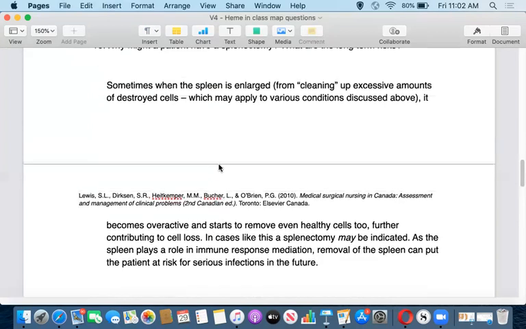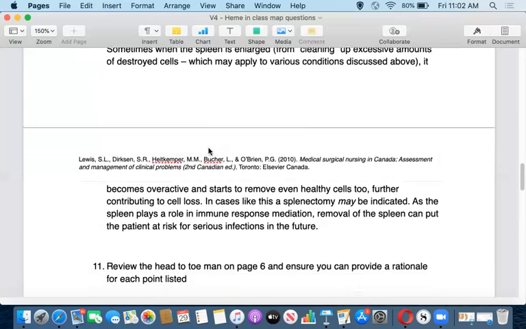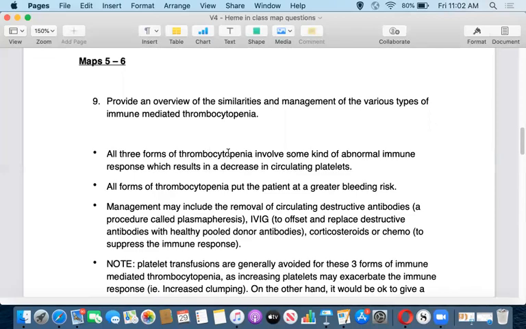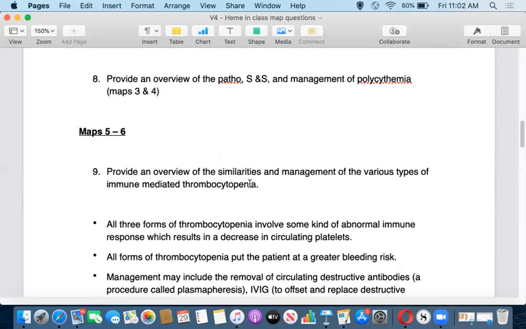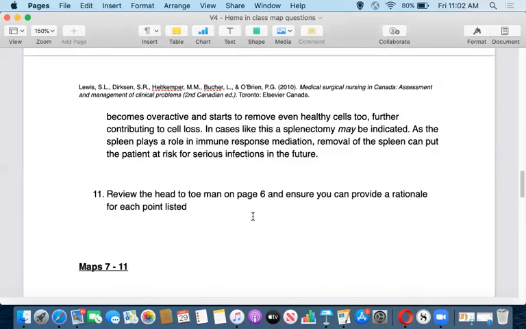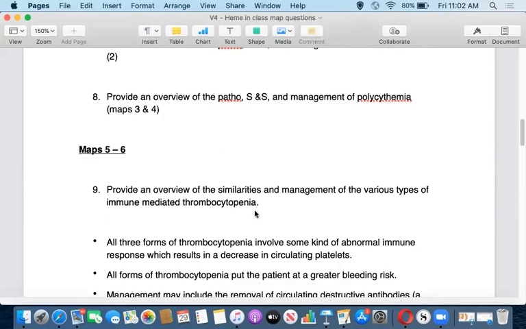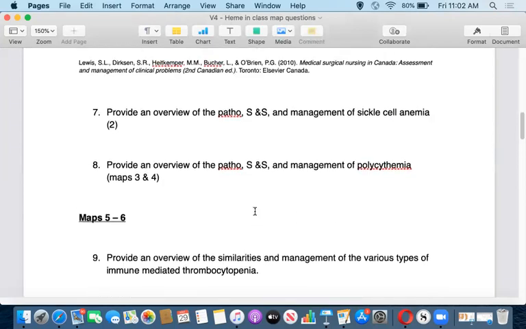Okay, so let's go specifically now and talk about questions 9 and 11. Question 9 asks us to go through immune-related thrombocytopenia, and 11 asks us to look at a head-to-toe diagram based on the same topic. I find that 9 is written out here much more clearly than anything else, because we want to keep this section simple. Number 9 is really talking about immune system-mediated thrombocytopenia.